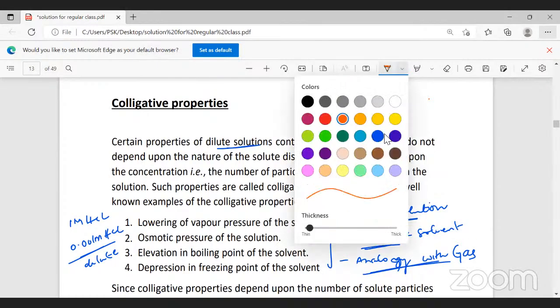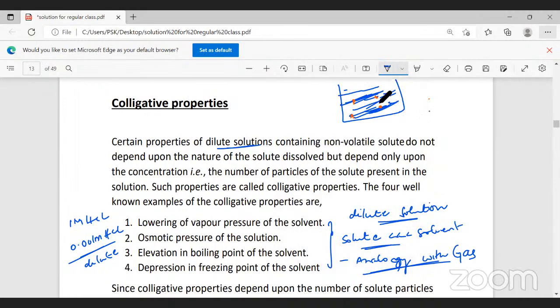Tell me. The volume available for the particles to move is more. Therefore, these particles will be free to move like what? Gas. Yes or no? Yes, sir.